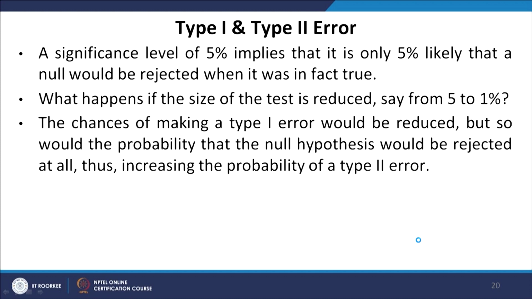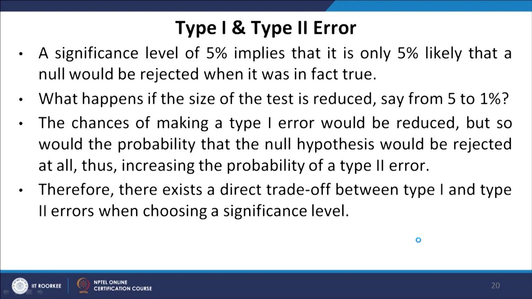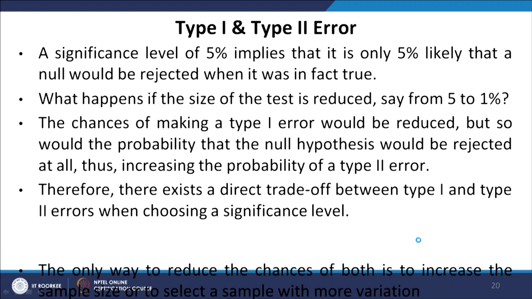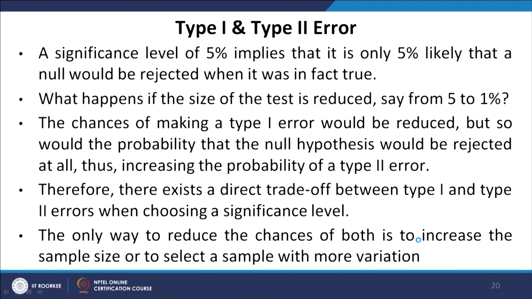The chances of making a type 1 error would be reduced, but so would the probability that the null hypothesis would be rejected at all, thus increasing the probability of type 2 error. So, there is always a trade off between type 1 and type 2 errors while choosing a significance level. The only way to reduce the chances of both is to increase the sample size or to select a sample with more variation.